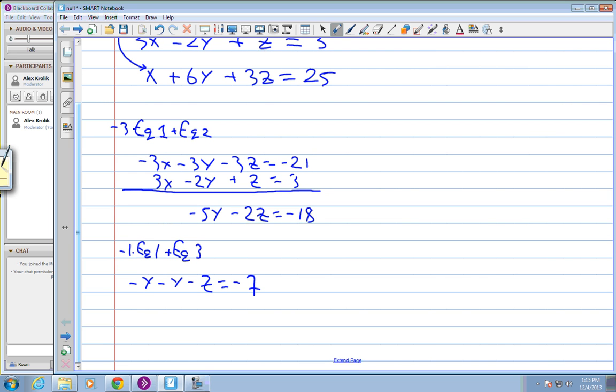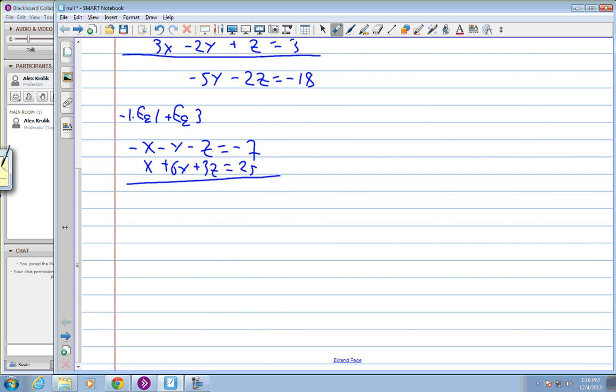And the other one was x plus 6y plus 3z equals 25. So when I add these two, it becomes 5y plus 2z equals 18. So remember, this is my new equation 2, and this is my new equation 3.